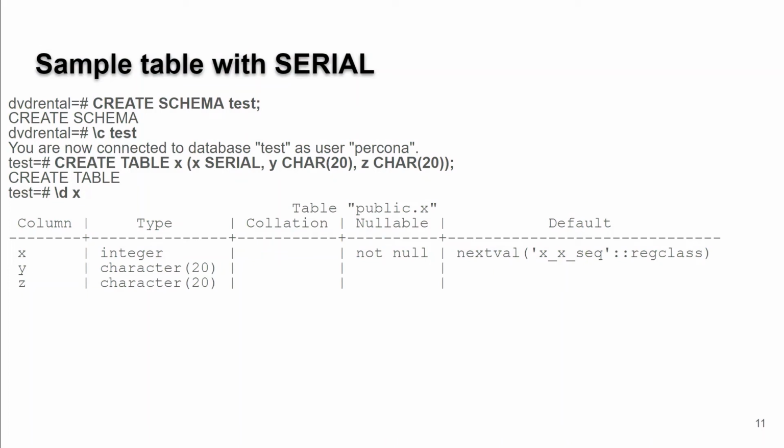And then we're going to create a table called X, with a column X that's serial, a column Y that's a varchar 20, and a column Z that's also a varchar 20. Now, as we look at the \d on this table, here's column X, integer, not null. And notice this function nextval is going to go out and find a sequence on the column X in table X.